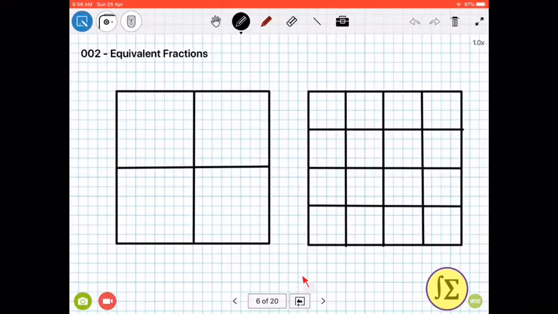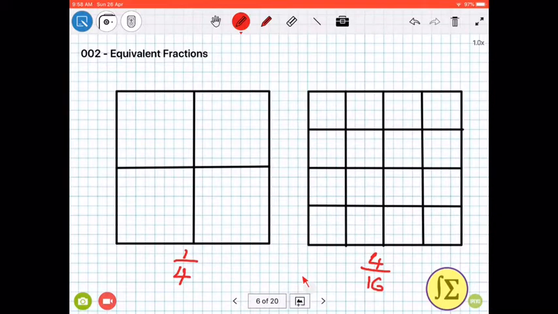For the first square on the left, we have divided it into 4 equal pieces, that makes the denominator, and we say it is 1 over 4, and this one is divided into 16 equal spaces and is 4 over 16.